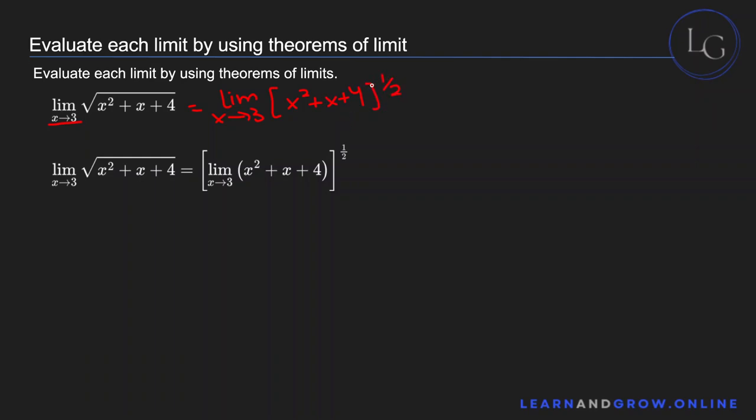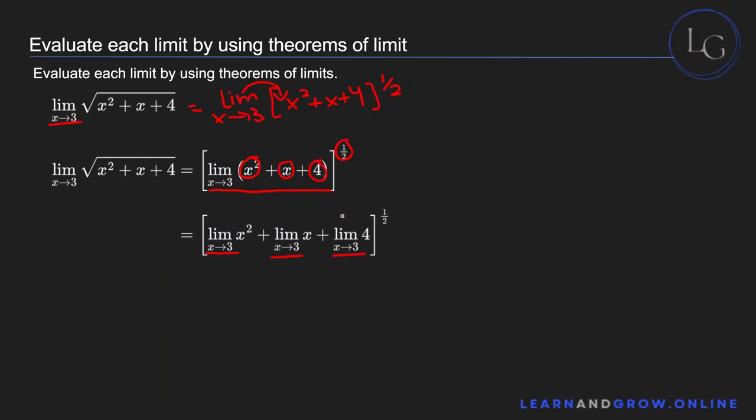Now this power over here, you can write the limit inside of it. You can take the limit inside the bracket and apply the power as a whole. So now you have the limit of x squared plus x plus 4 as x approaches 3, whole to the power 1 by 2, right? Now inside this bracket, you can apply the limit separately on the x squared, the x, and the 4, right? So you have this.